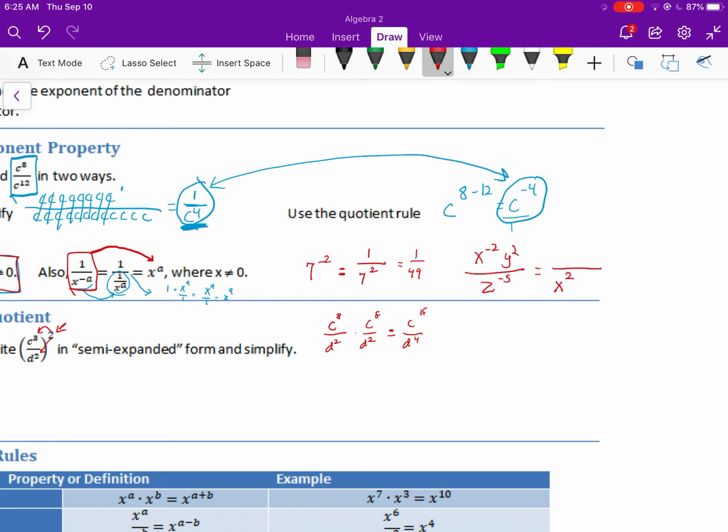So we're going to change it to positive. So we took care of the x to the negative 2. We have this y squared here. Nothing happens with that because it's just a regular y squared. And then z to the negative 5th, that's a negative exponent in the denominator, so we can move that to the numerator and change the sign of the exponent.